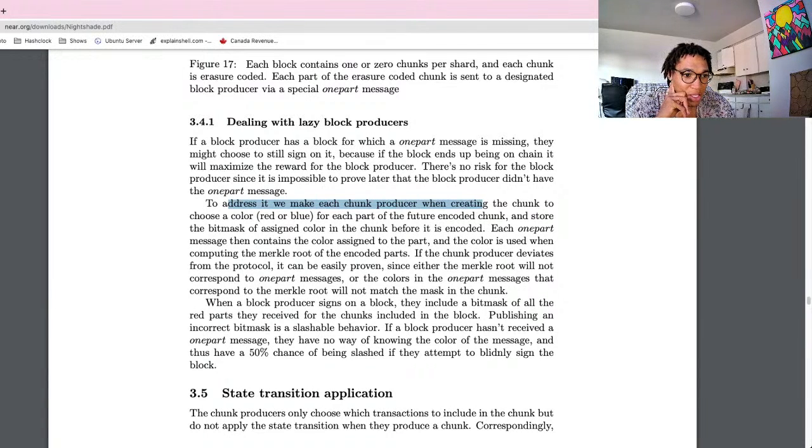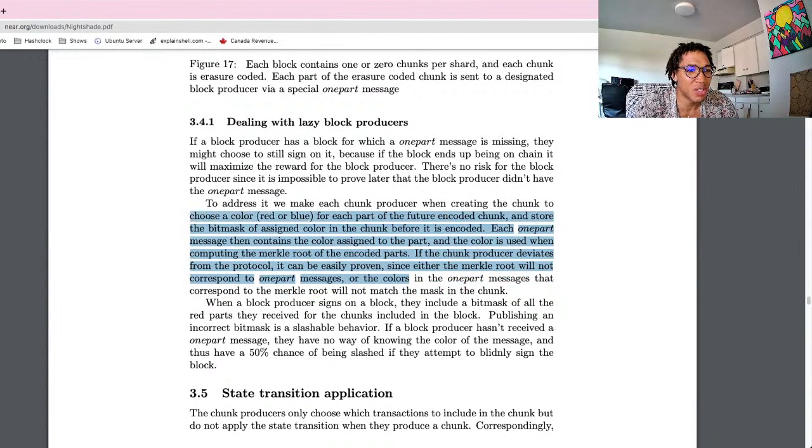Each one part message then contains the color assigned to the part, and the color is used when computing the Merkle root for the encoded parts. If the chunk producer deviates from the protocol, it can be easily proven, since either the Merkle root will not correspond to one part messages, or the colors in the one part messages that correspond to the Merkle root will not match the mask in the chunk.